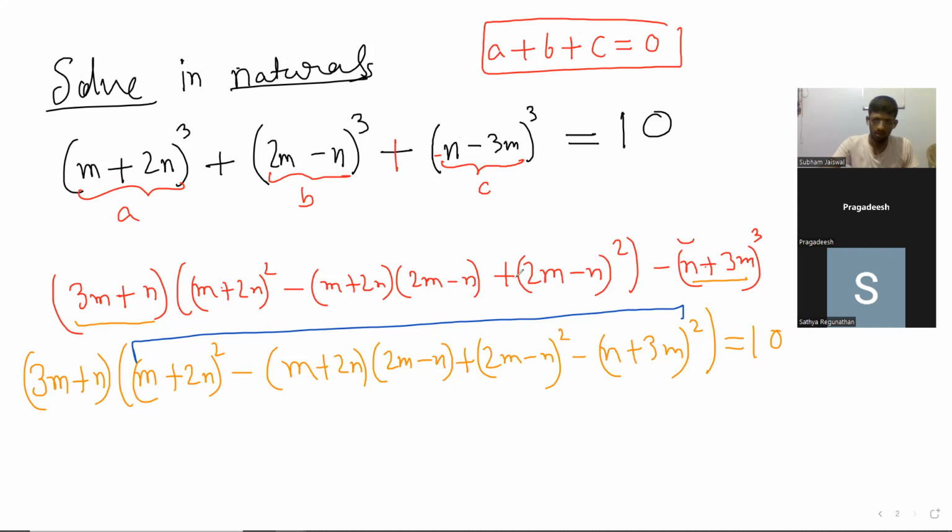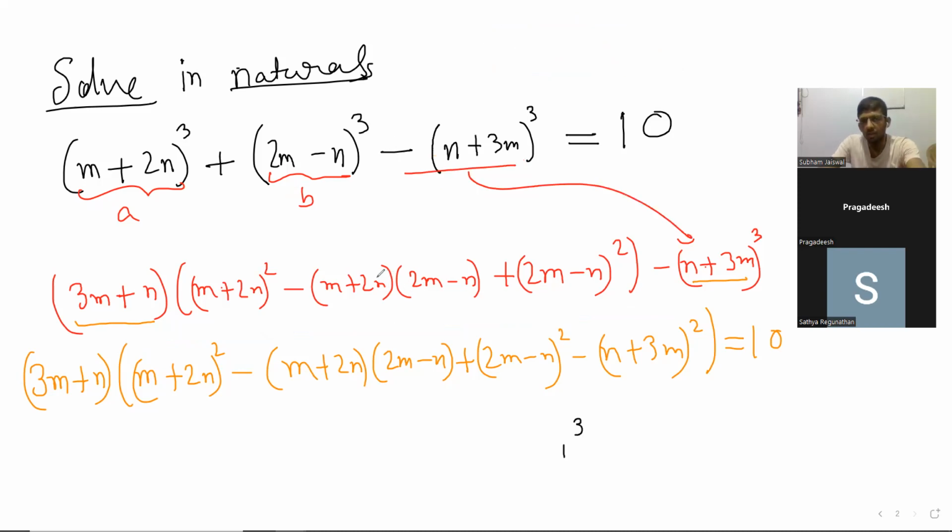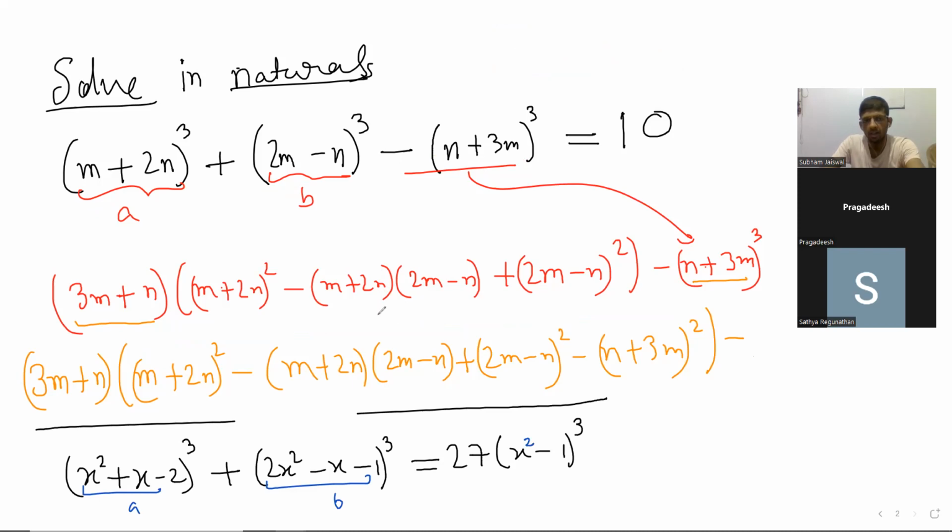These things inside the bracket are adding up to 0. If you go back to the first question that we had, look at this. If you write this properly, this is like 3 times this thing, just putting 3.